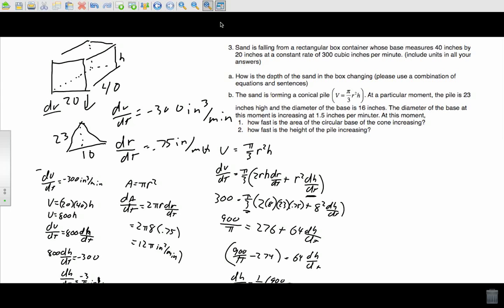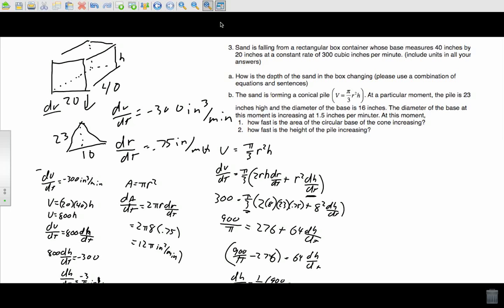No, it's 276. It should be 276. And that would be in inches per minute. Okay, so those are all of the answers and all of the steps.